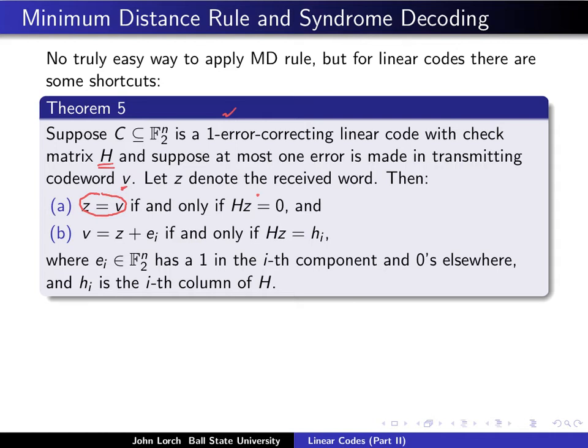Okay, and likewise, if Z is equal to V, then Z is a code word, and H times Z is automatically 0.